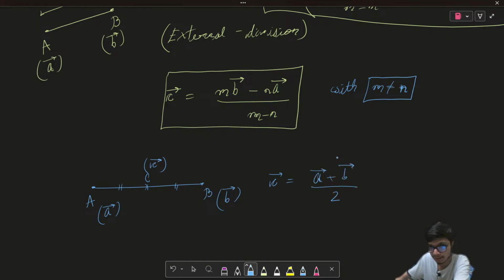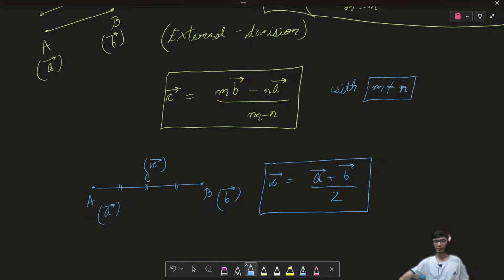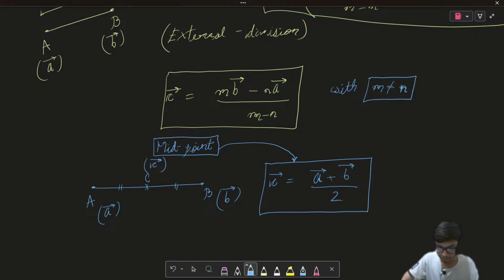So that is basically A vector plus B vector upon 2. So this is the midpoint result. From here you can obtain the midpoint of a given line segment. I hope this discussion is clear to all of you.